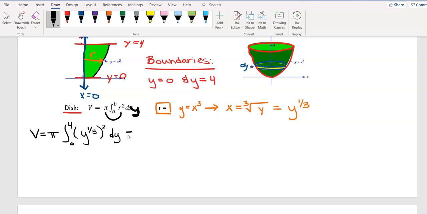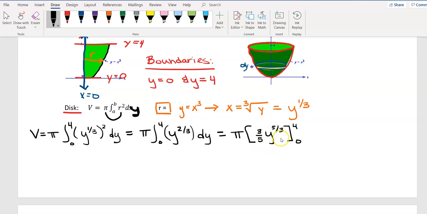We do have a power to a power here, so you can certainly simplify that to make your calculations easier. So that's going to become y to the 2/3 dy. And now you can take the integral of this. So add 1 to your exponent, divide by that new exponent, and then evaluate your expression with the boundaries of 0 and 4.